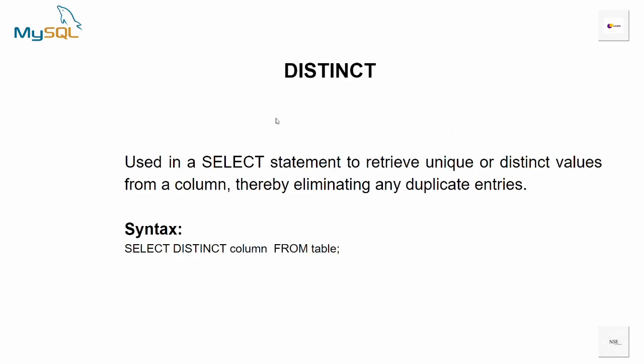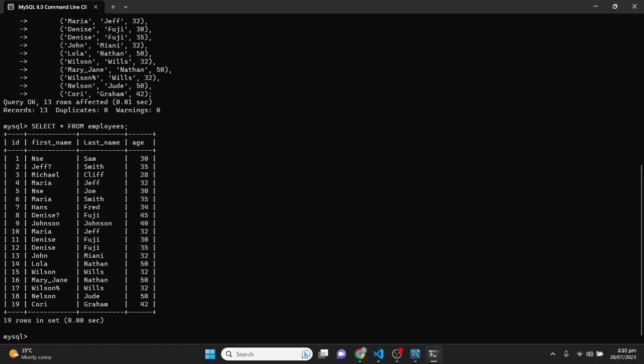One of these clauses is the distinct clause. The distinct clause is used in a select statement to retrieve unique values from a column, thereby eliminating any duplicate entries. Now let's head back to the command line client and see how to use the distinct clause.